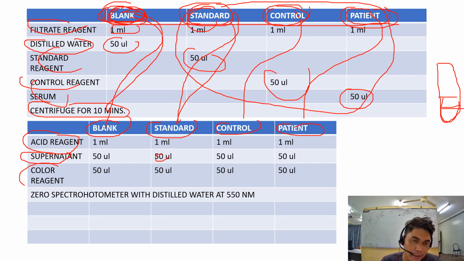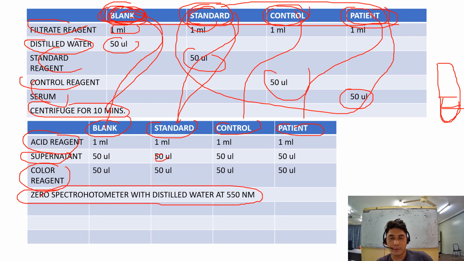Then you add the color reagent. The color reagent contains ferrocyanide, which will react with the uranium present in your specimen, standard, and control. After that, mix by inversion and zero the spectrophotometer with distilled water.